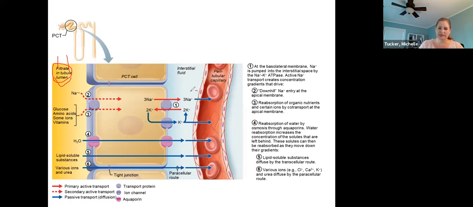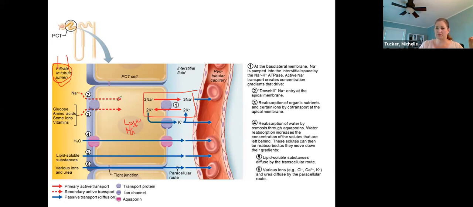So that first process is active transport of sodium using the sodium potassium ATPase pump. That causes the concentration of sodium to decrease, so we end up with low sodium because of the pump. That creates this next step 2, which is facilitated diffusion.